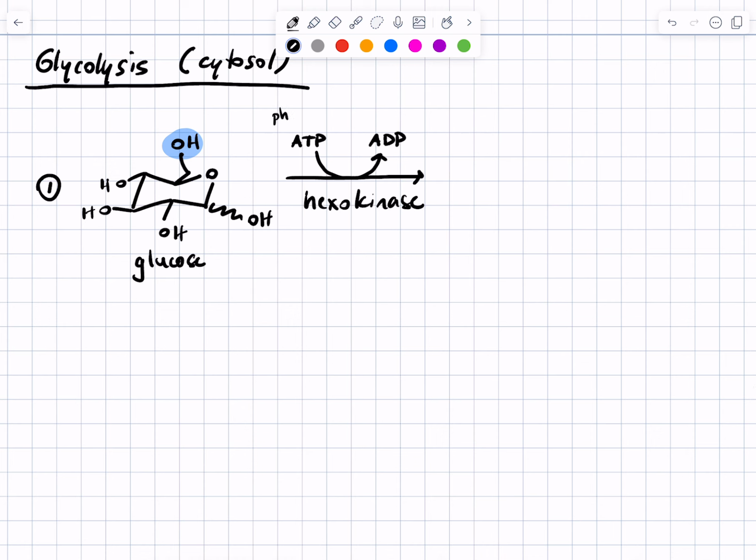So we take a phosphoanhydride from ATP, which is reactivity level number 1, very reactive, and we convert it into a phosphoester on glucose.